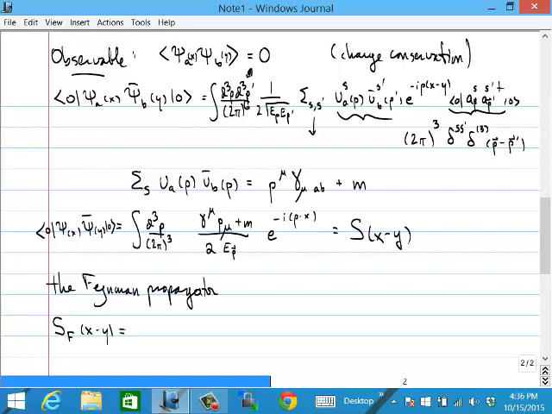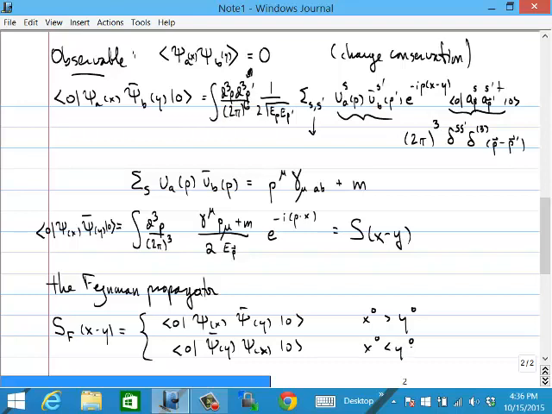And this is defined to be either psi x times psi bar y if x happens after y, or psi bar y times psi x if x happens before y.